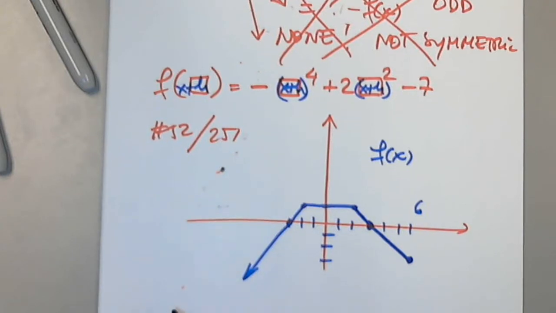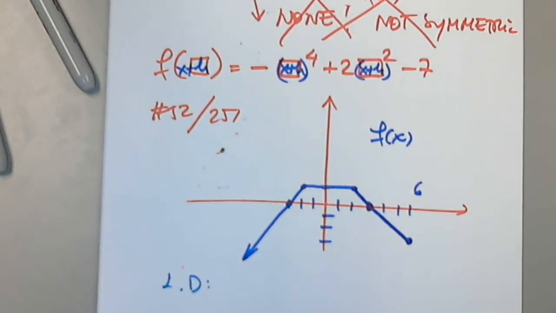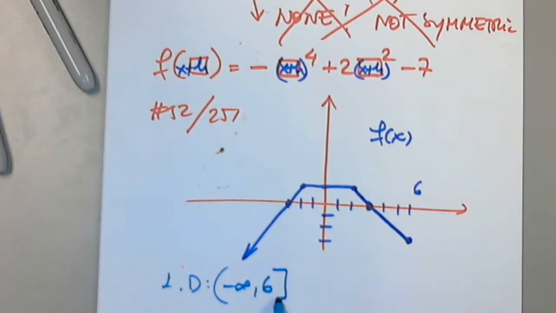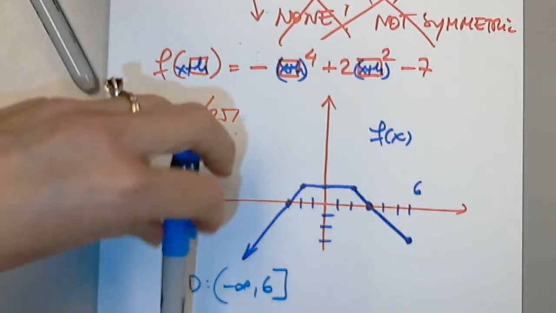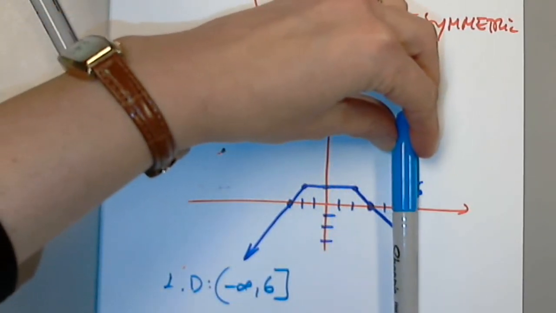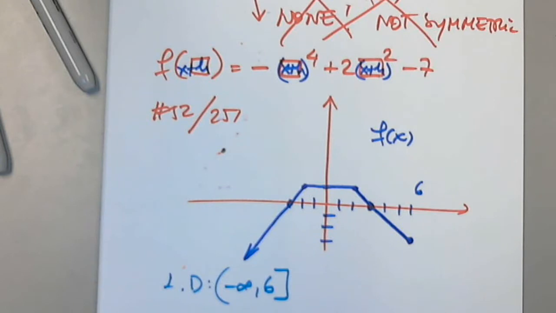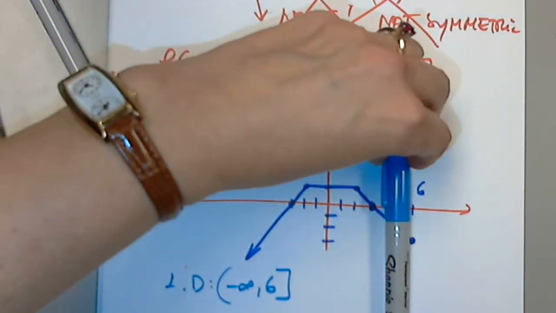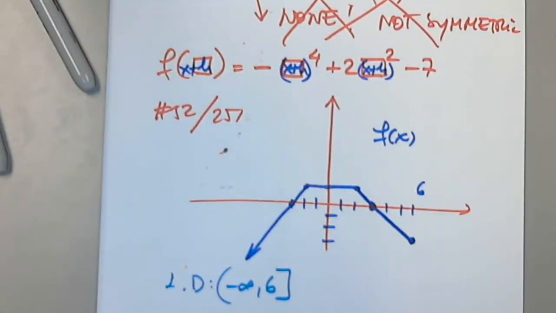So we have a lot of questions. Question number 1, domain. From negative infinity to 6. Exactly. Do you all agree with negative infinity to 6? From the leftmost x value possible till the rightmost x value possible. Can you do that again? From the leftmost x value till the rightmost x value. Better?